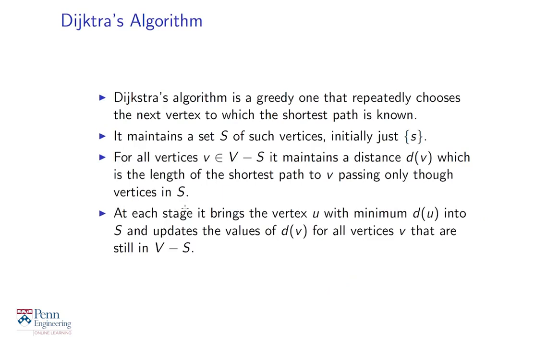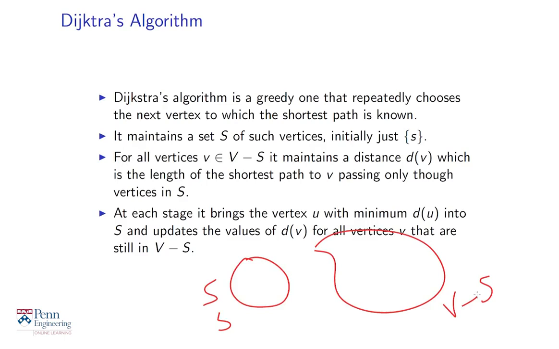At each stage, Dijkstra's algorithm finds that vertex u which has the minimum d of u value. This is what I said when I was describing the algorithm working on the particular example, but it looks for that vertex u which is not on the source side, which has the smallest d of u value, and brings that vertex into capital S. Once it brings that vertex into capital S, here is capital S, and here is V minus S, and u has just been brought into capital S. And now it needs to update the distances of all the vertices here.